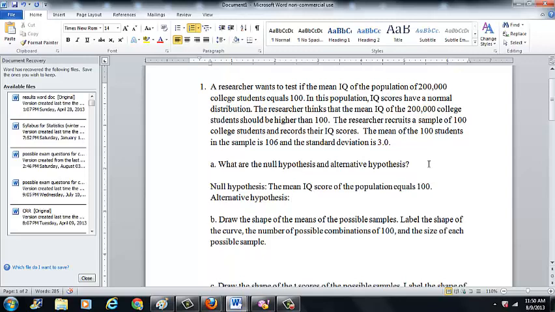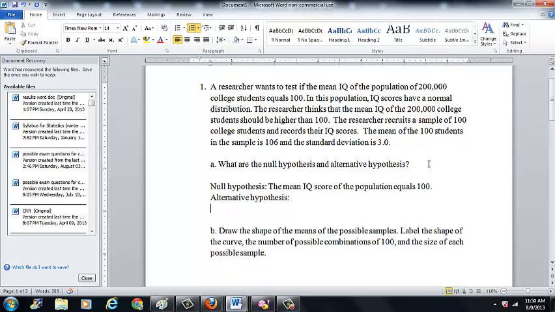And the alternative hypothesis can be one of 3 different versions. And I can show you what the 3 versions are and how to select the correct one. The first version is the mean IQ score of the population is lower than 100.